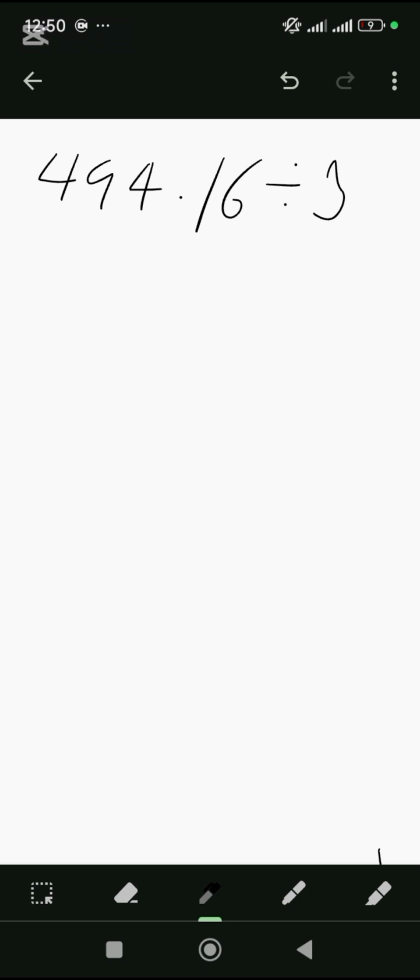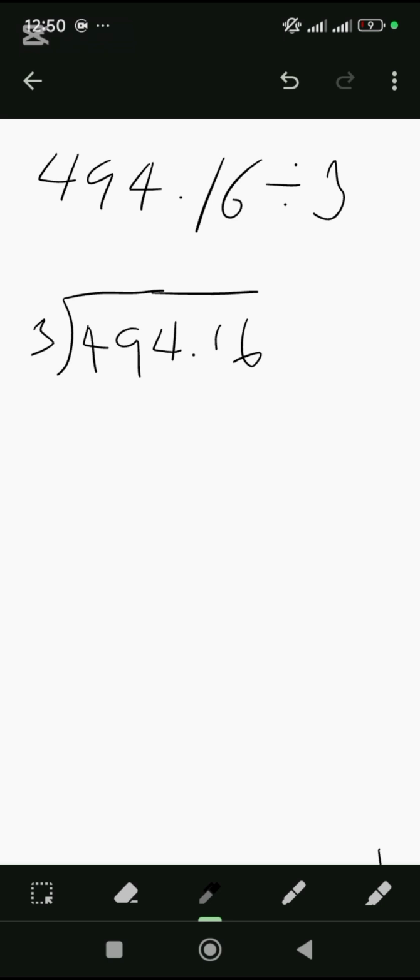Okay, so this is how we go about this. This is 3 here, and so this is 494.16. First question, how many 3 are in 4? That will be 1, indicated there. You multiply, it gives you 3. You subtract this, this will give you 1. You bring down your 9.